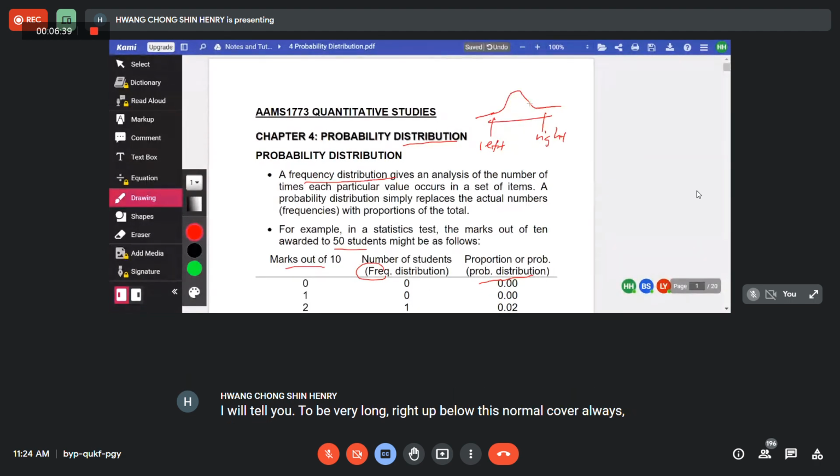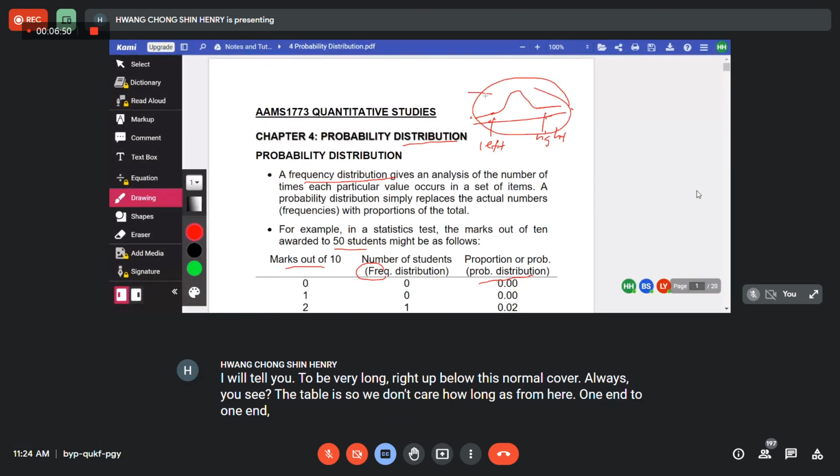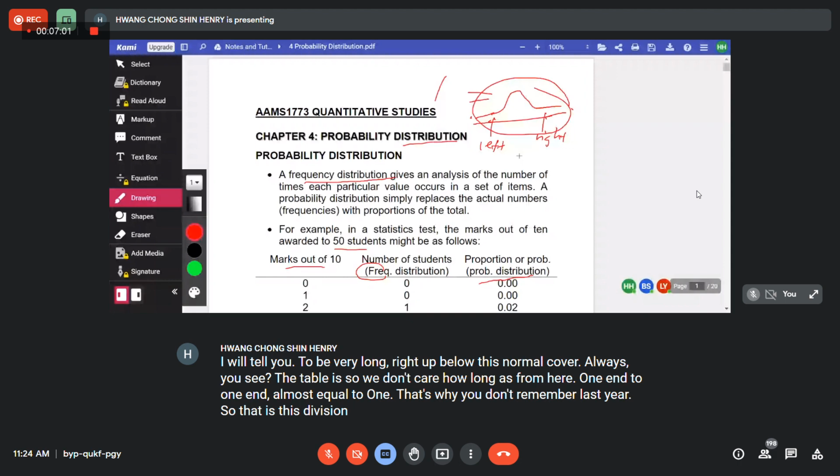So we don't care how long is the left, how long is the right tail. As long as from one end to the other end, the total must equal 1. That's why the probability cannot be more than 1. Remember last week we learned that? So that is what distribution means.